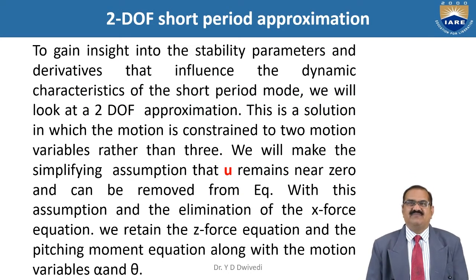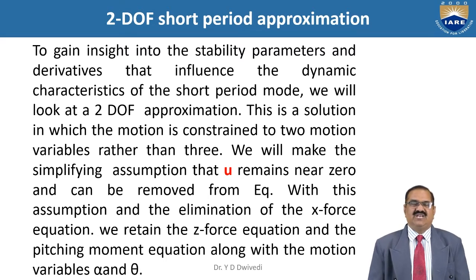So, first I am going to start with the 2 degrees of freedom short period approximation. How can we solve these 2 degrees of freedom equations? To gain insight into the stability parameters and derivatives that influence the dynamic characteristics of the short period mode, we will look at a 2 degrees of freedom approximation.